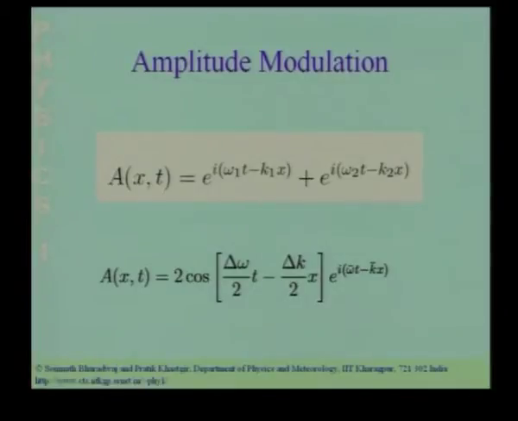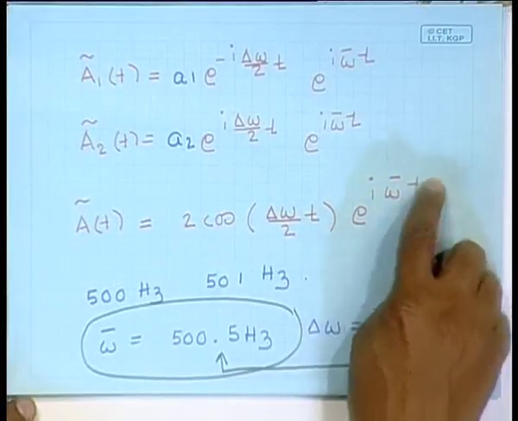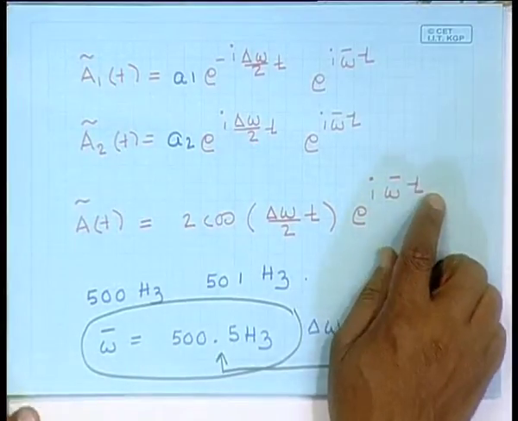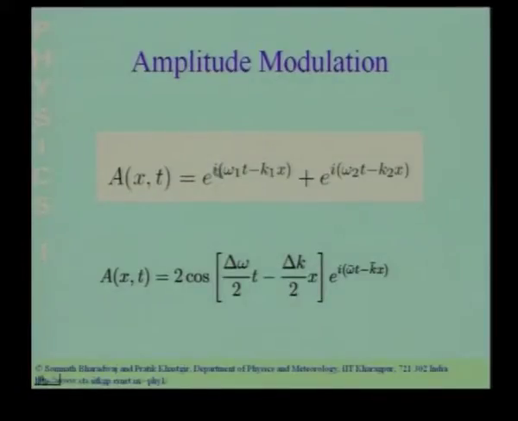when we looked at it as a function of time alone, we had got this cosine times e to the power i omega bar t, with the average angular frequency. So, now when I keep the spatial dependence, what we get is again a cosine. Now, we have delta omega by 2 t, which we had earlier, but we also have an extra term minus delta k by 2 x, which incorporates the spatial dependence, and similarly we have minus i k bar x over here.